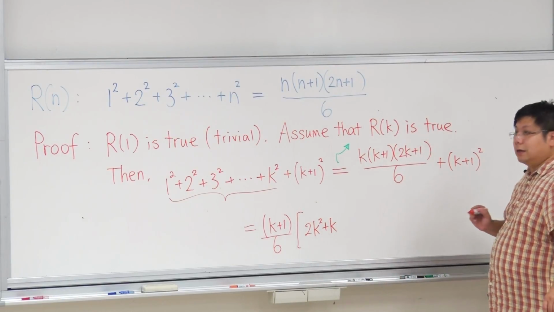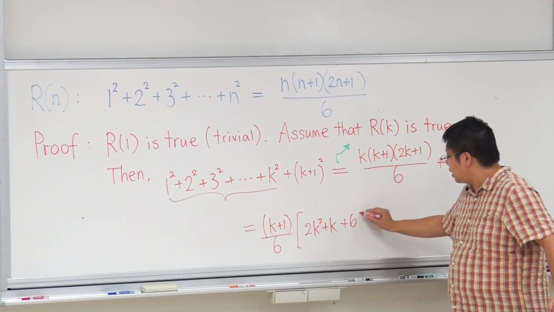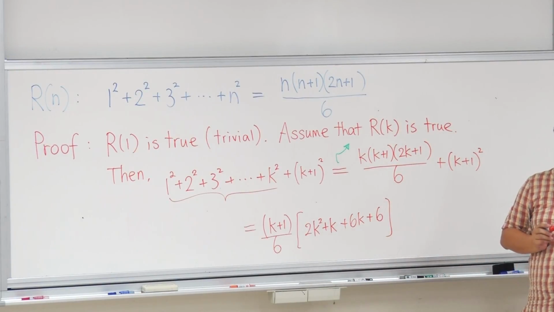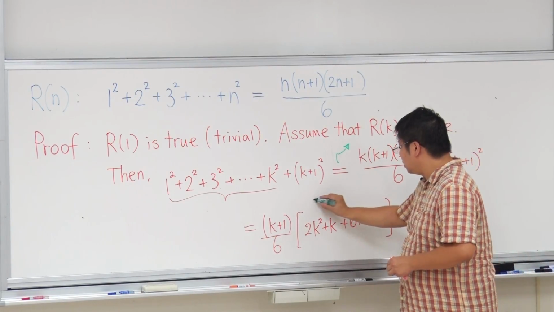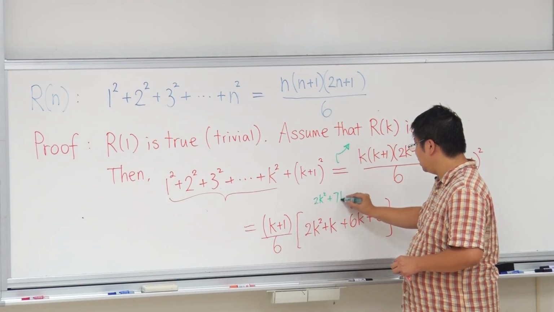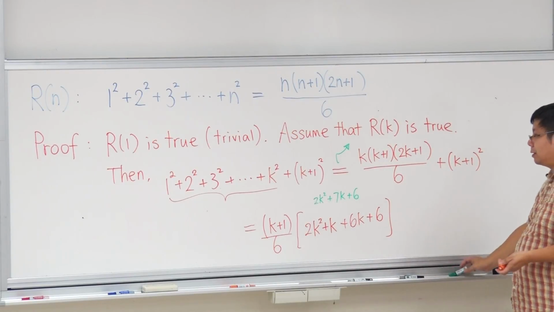Is that OK? And then this one, you take out k plus 1 over 6, so you will have 6k plus 6. Am I correct? So this is like 2k squared plus 7k plus 6. So we need to do factorization.